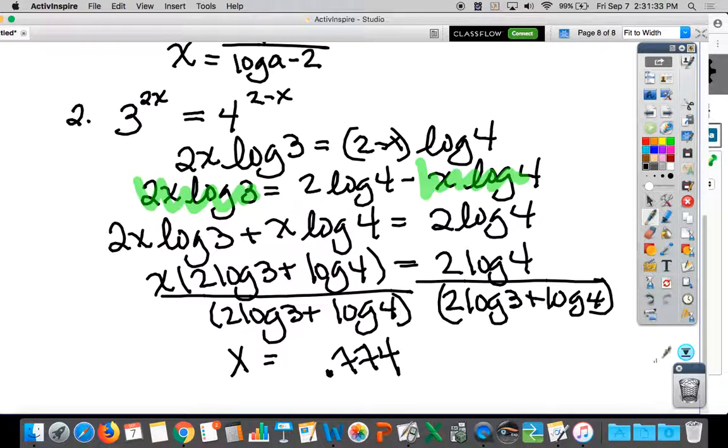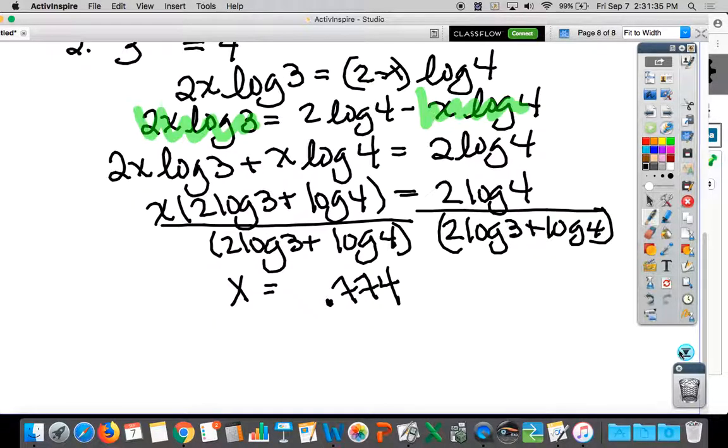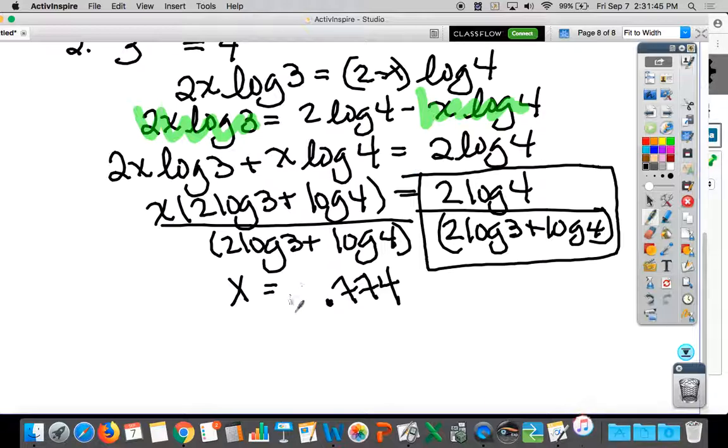Looking back at this, I just want to expand a little bit. Looking at this answer, what if they wanted that with logs in it? How would I rewrite that with logs in it instead of this? I don't want a decimal. I want it with logs in my answer.